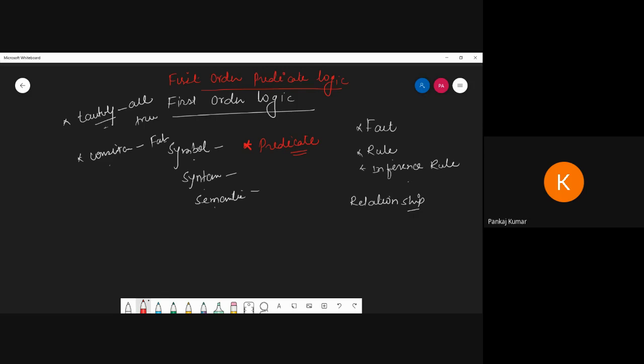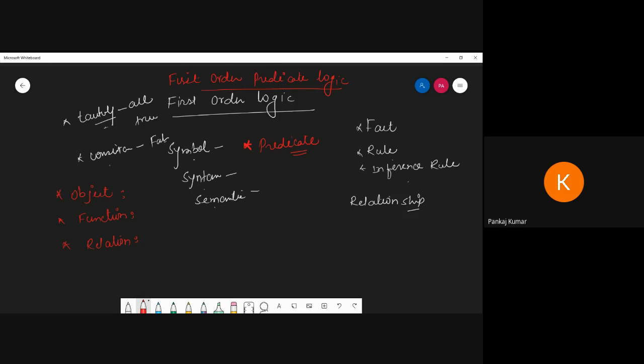So don't be confused when we are writing a sentence. Here we can also use object, function, and relation. These things we already studied in propositional logic. The object may be people, number, a and b, word, theory, anything, square, feet, all the things.